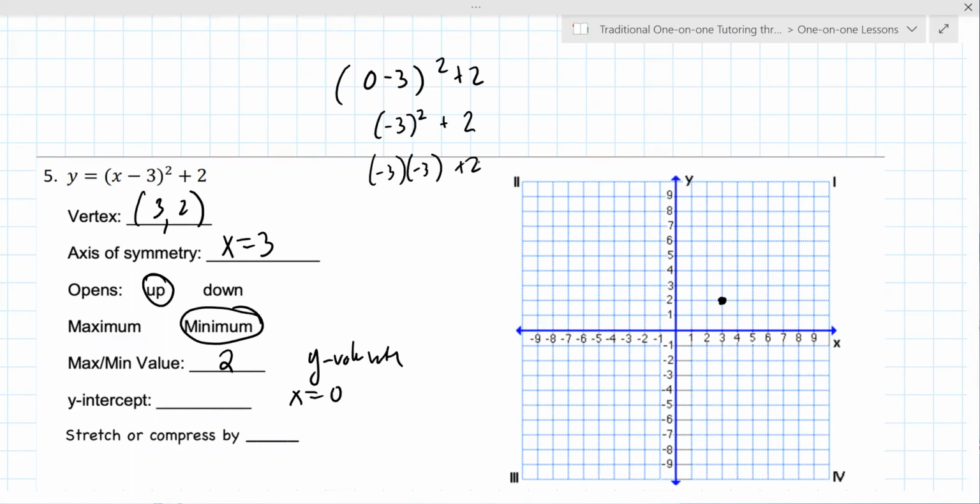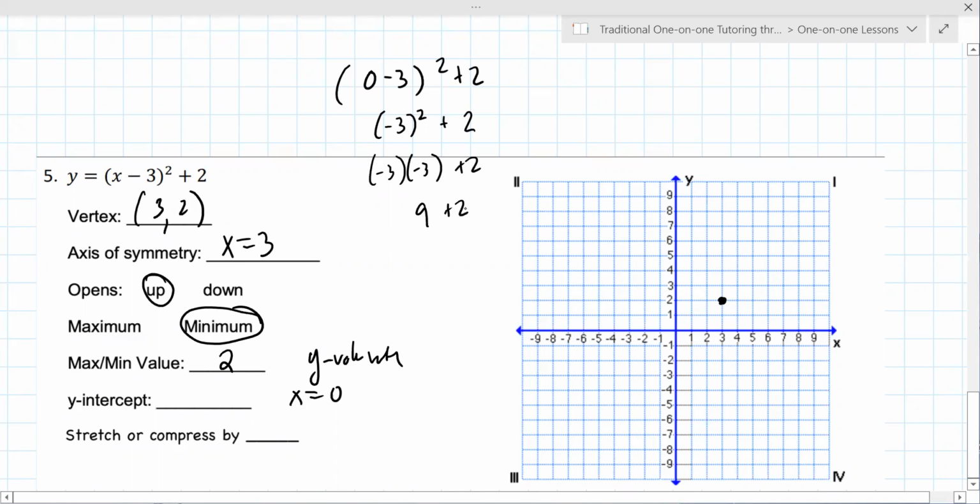It's 9. 9 plus the 2 is 11. That's the y-intercept. Now it's an ordered pair: 0, 11. It's way up here, but not great.